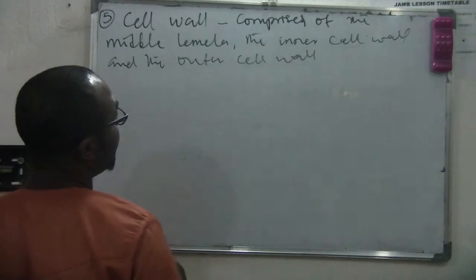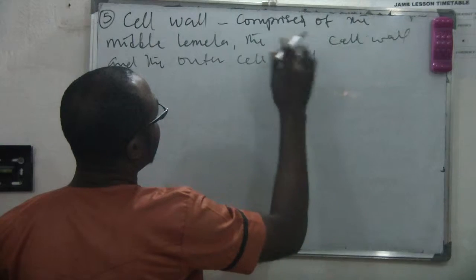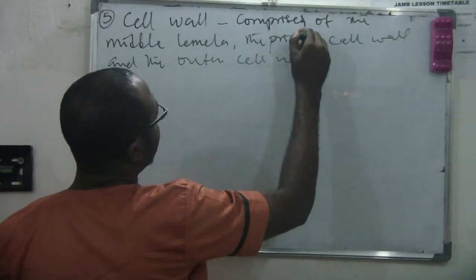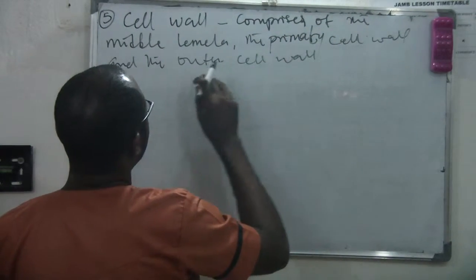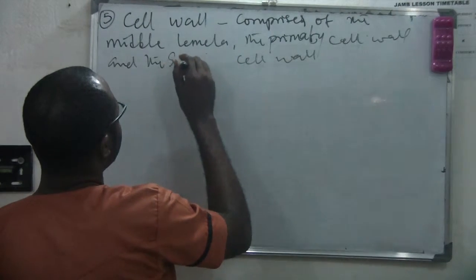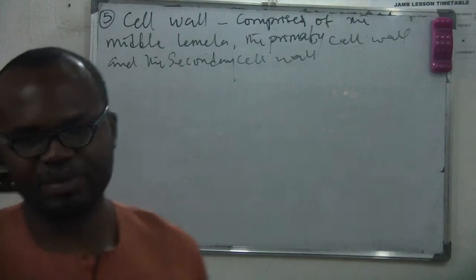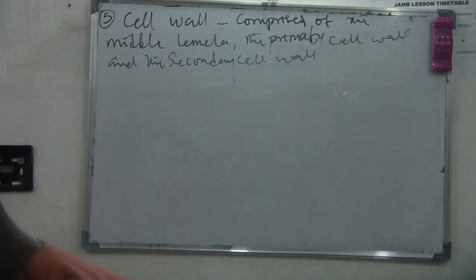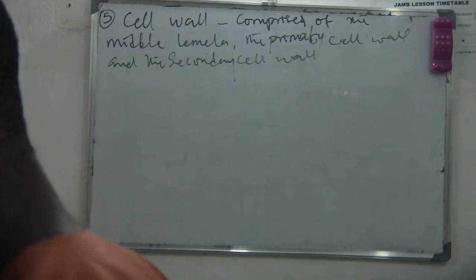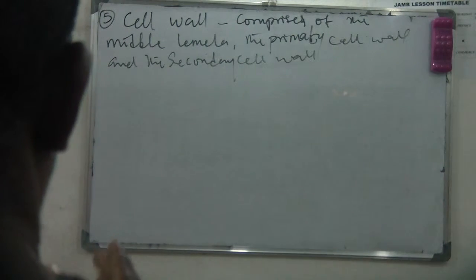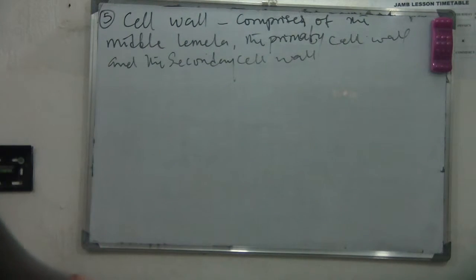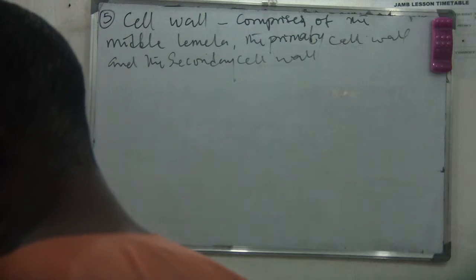So we have the middle lamella, the inner or primary cell wall, and the secondary cell wall. Those are the parts of the cell wall. You understand? So what's the function of the cell wall?